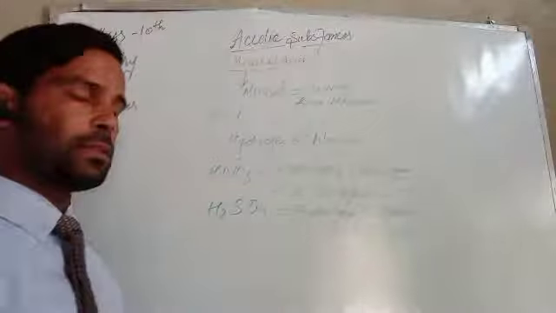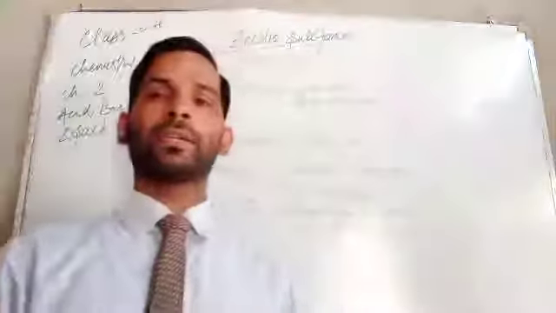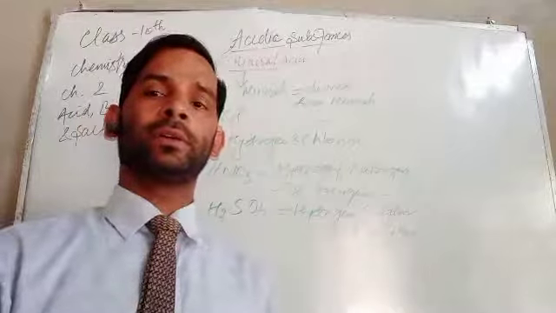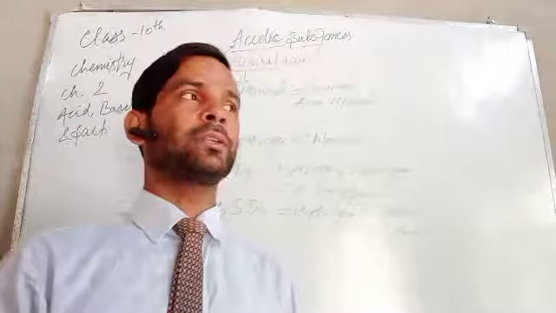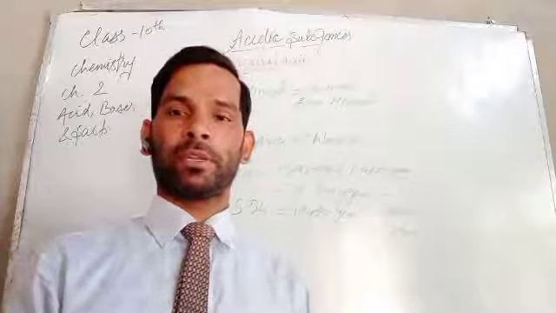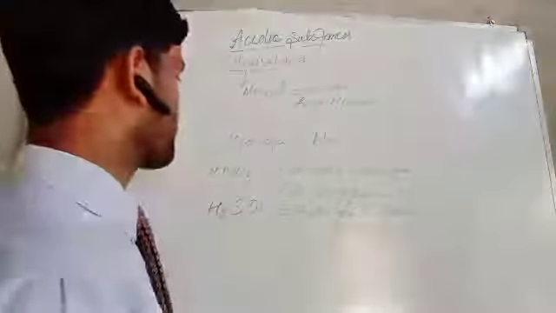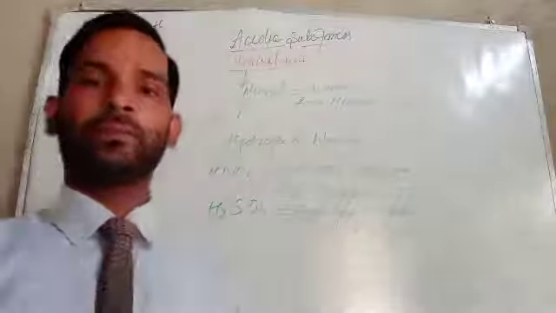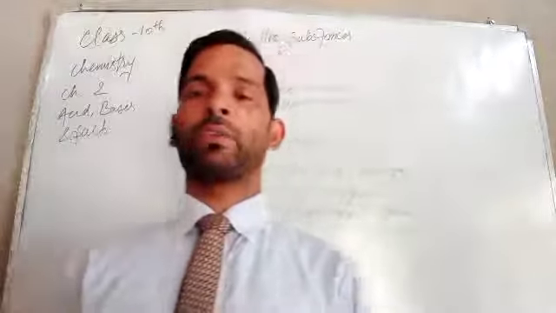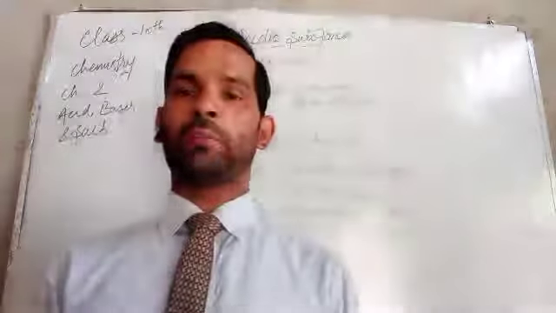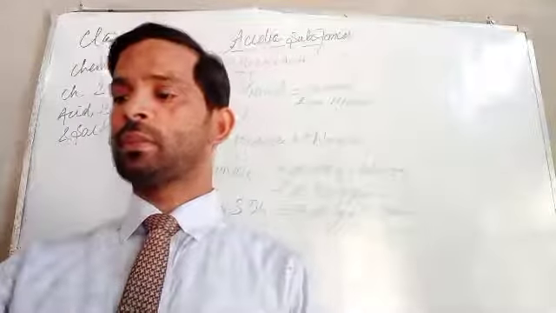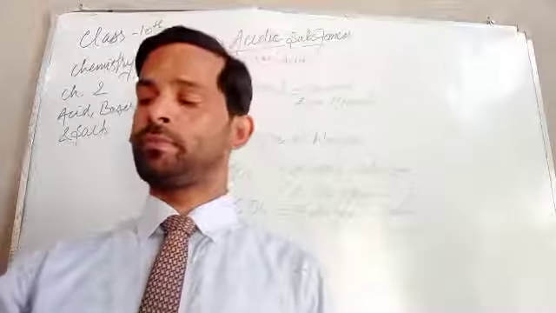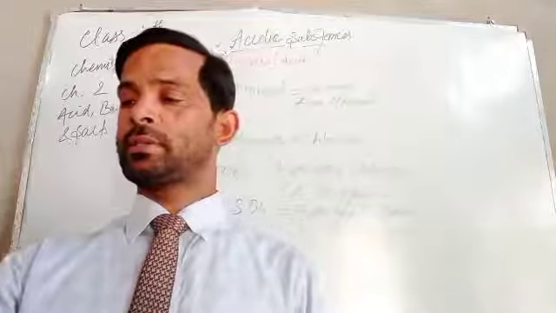So we can say this is the acid that can be prepared from mineral sources, and it can be prepared in the laboratory. So this one is called the mineral acid. Why? Because it can be produced manually by human beings in the lab with the help of chemical substances.